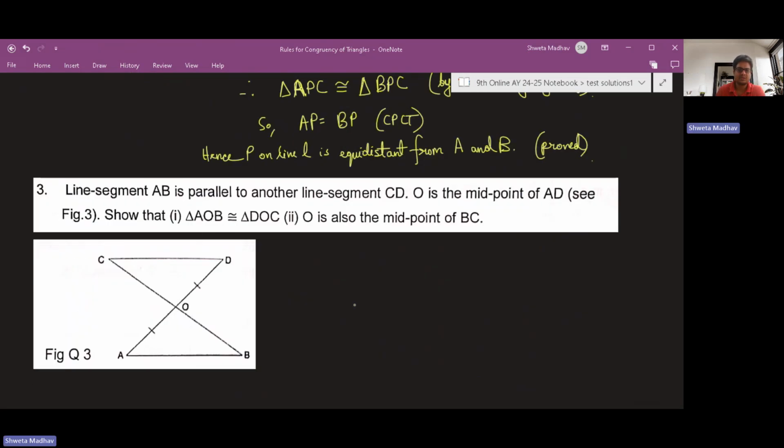It is told the line segment AB is parallel to another line segment CD, and O is the midpoint of AD, and show that triangle AOB is congruent to triangle DOC. And O is also the midpoint of BC.